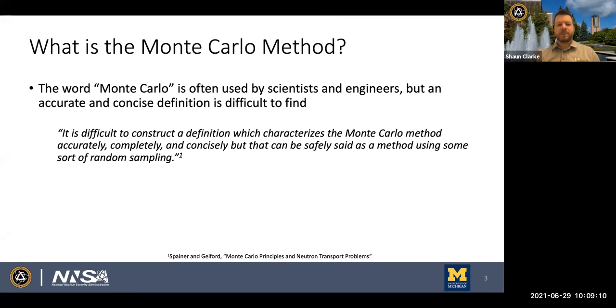But basically, it involves some sort of random sampling. That's kind of the heart of a Monte Carlo calculation. It's going to be some sort of process that involves random sampling, and we'll get into what we mean by that later on in the lecture.